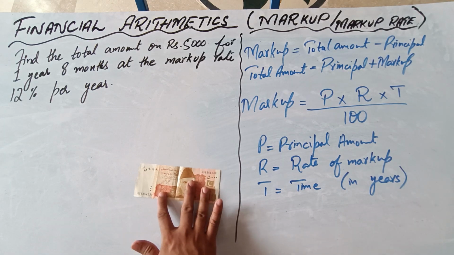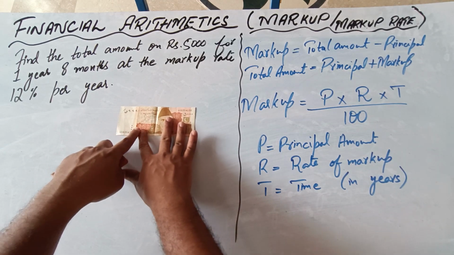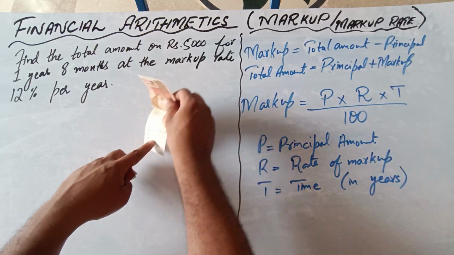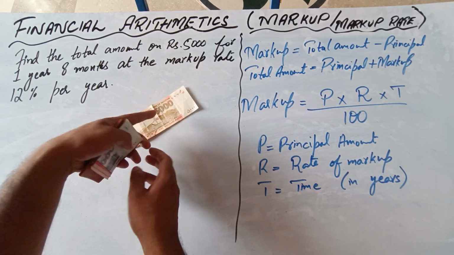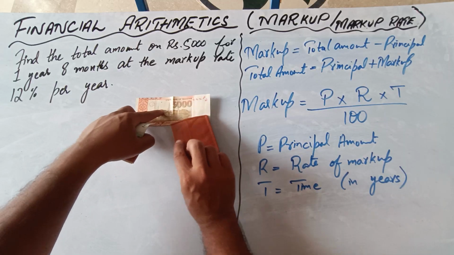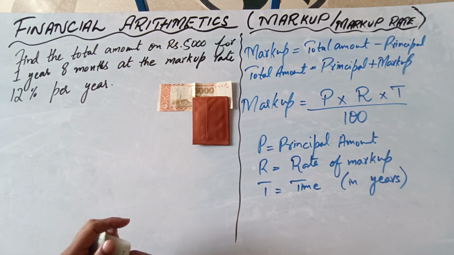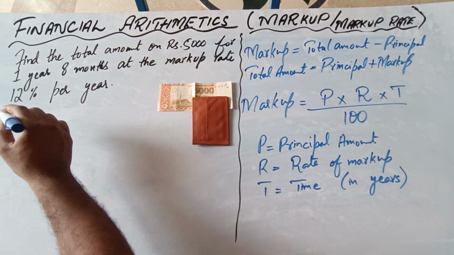I have given these 5,000 rupees to the bank for 1 year. Now we will see what will happen with this 5,000 after 1 year. So this 5,000 is the principal amount.